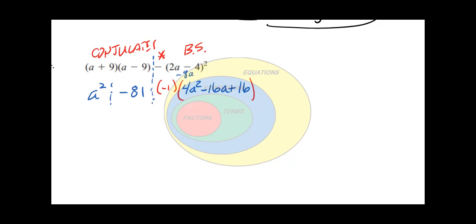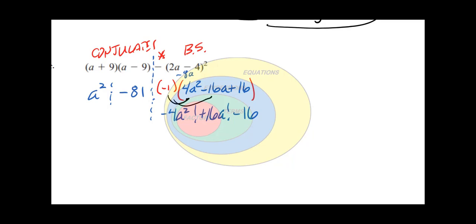So the last thing I need to do on the right side is distribute this negative 1 to each term. That's going to create 3 terms. We'd have a negative 4a squared. Negative 1 times negative 16 is a positive 16a, and negative 1 times 16 is a negative 16. So both sides of our expression, each term has been expanded.